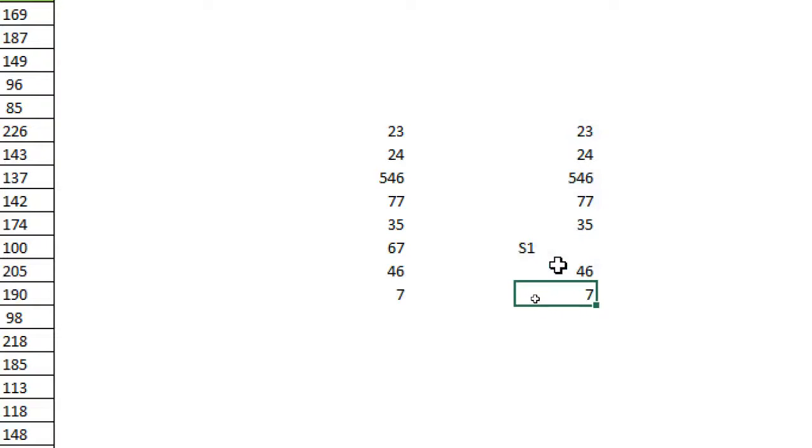The difference between count and count A: count will count the cells that have numbers, whereas in count A, the A stands for all. The all means even though it's text or alphanumeric, it doesn't matter. As long as there's a value in the cell, it will count.